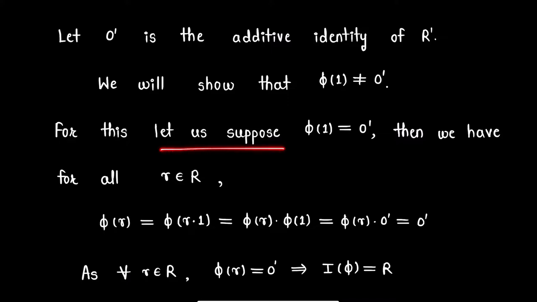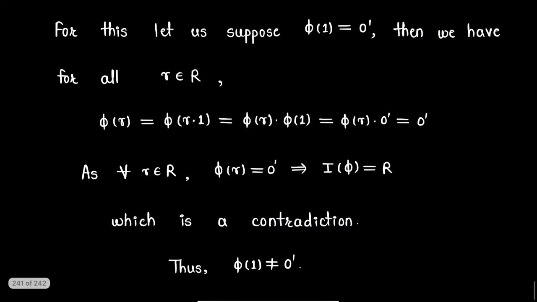For this, let us suppose phi of 1 is equal to 0 dash. Then for all elements r in ring R, phi of r is equal to phi of r dot 1, which is equal to phi of r dot phi of 1, which is equal to phi of r dot 0 dash, since phi of 1 is equal to 0 dash. So we get phi of r is equal to 0 dash.